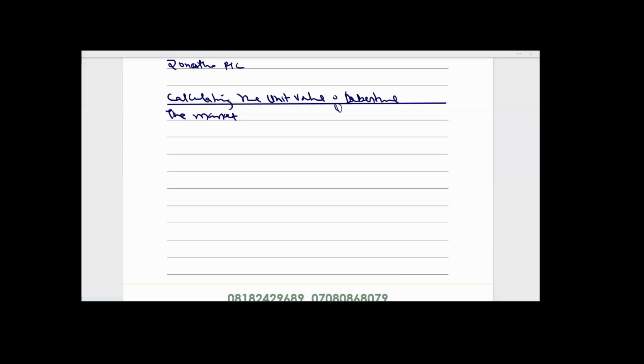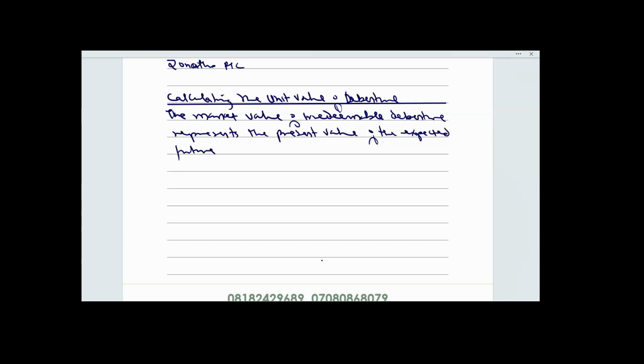So I would say the market value of irredeemable debenture represents the present value of the expected future cash flow.